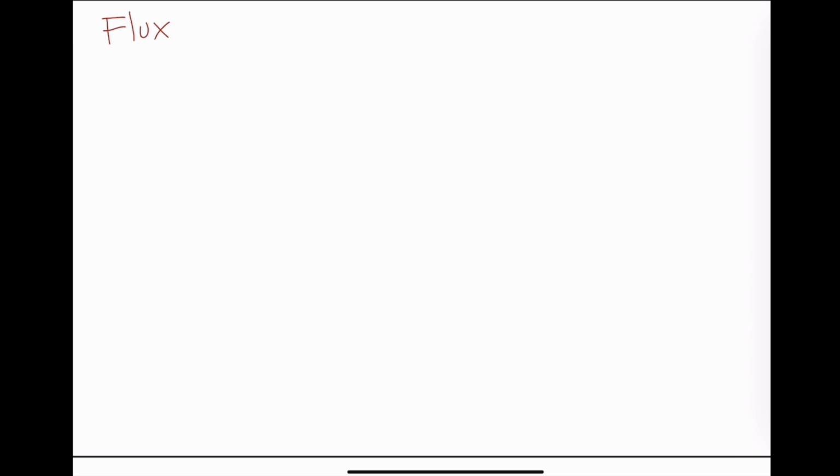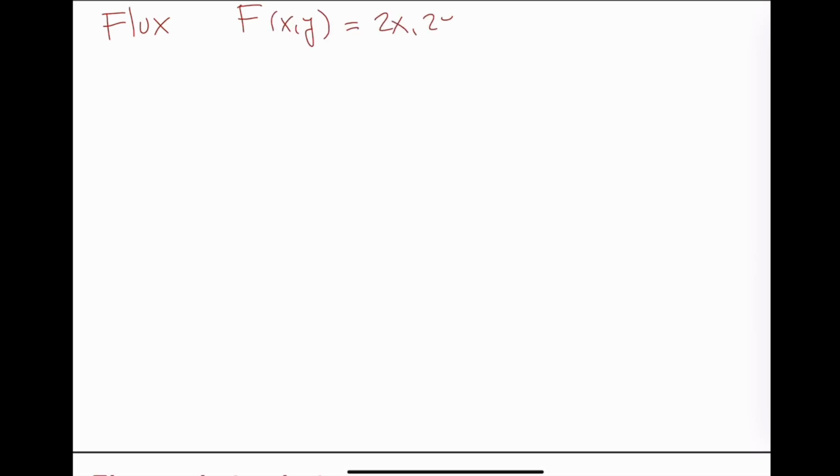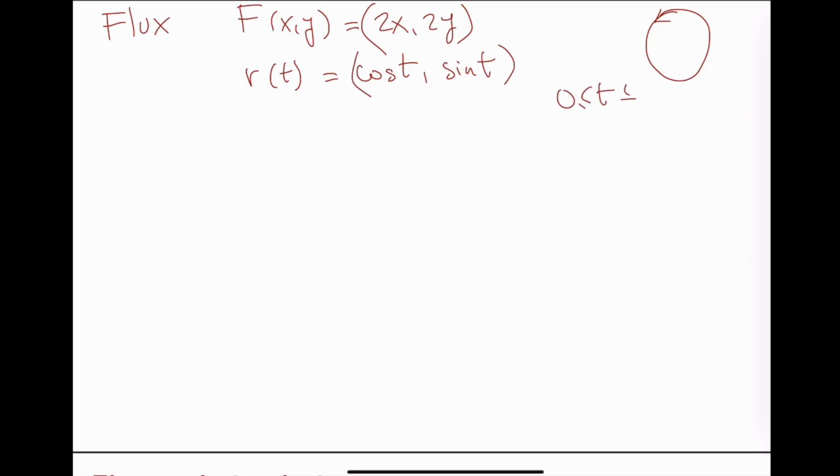Let's calculate the flux of the vector field 2x, y over the unit circle traveling in this direction. So we know that the parametrization of the circle is r(t) equals cosine t, sine t, where t varies to get the whole circle between 0 and 2 pi.